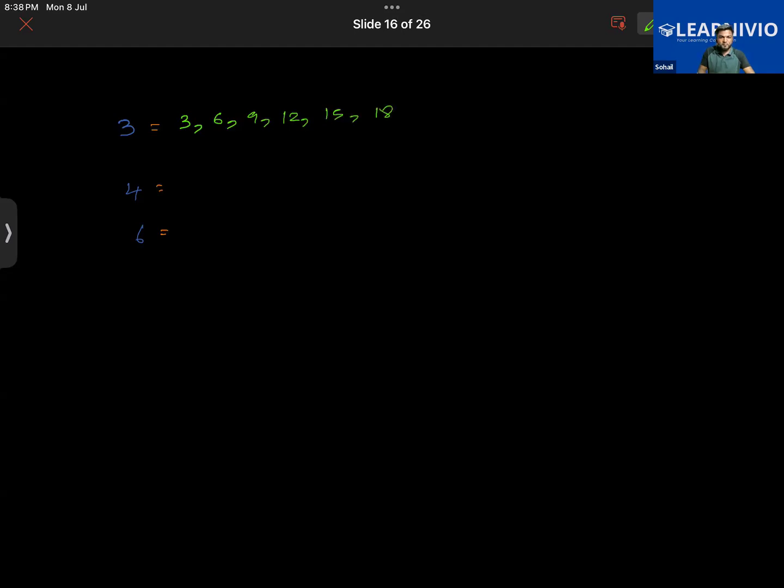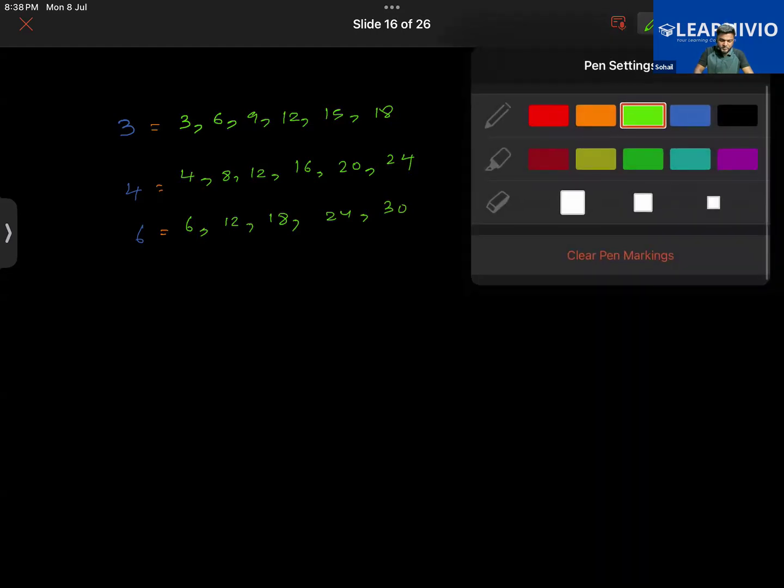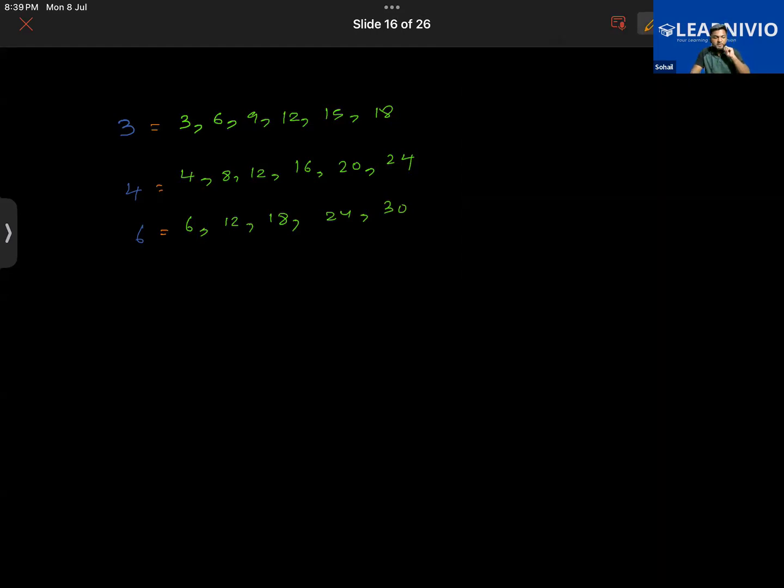Okay. We have written 6 multiples here. Then 4 ones are 4, 8, 12, 16, 20, then 24. 6 ones are 6, 6 twos are 12, then 18, then 24, then 30, like this. Okay. So here, which is a common multiple of the three numbers 3, 4, and 6?